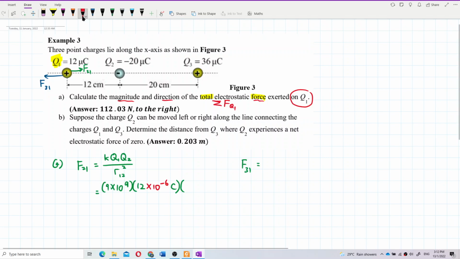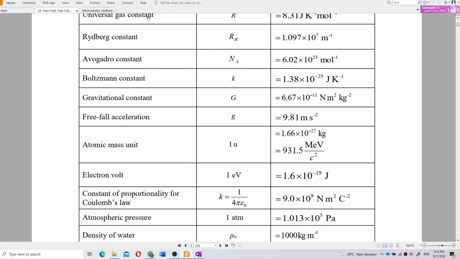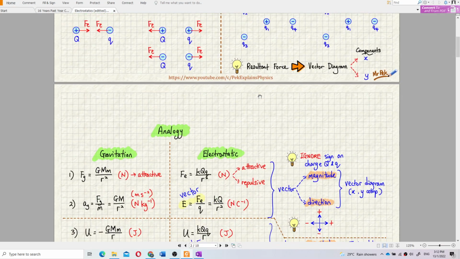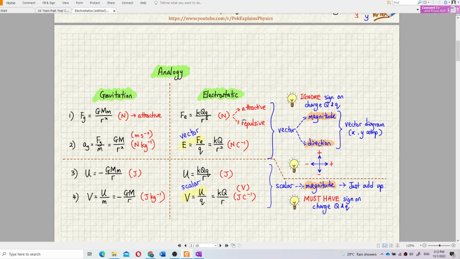Here we just want to find the magnitude, so for this charge we ignore the negative sign. Remember I said before: when we want to find the magnitude of a vector, we ignore the sign of the charge. But when we talk about a scalar quantity like potential energy, the charge must keep the negative sign. That one is different.